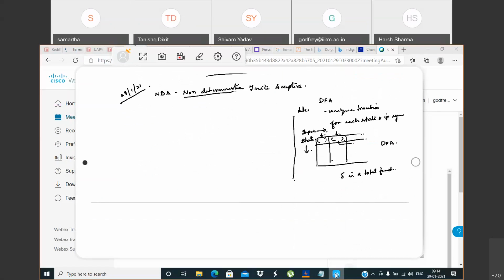Now, we also know that computers are deterministic, because computers don't take non-deterministic action. So, what is non-deterministic action?